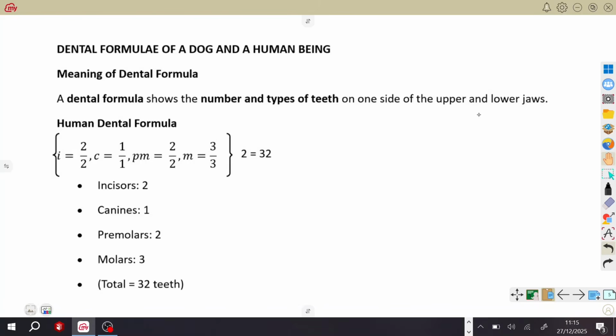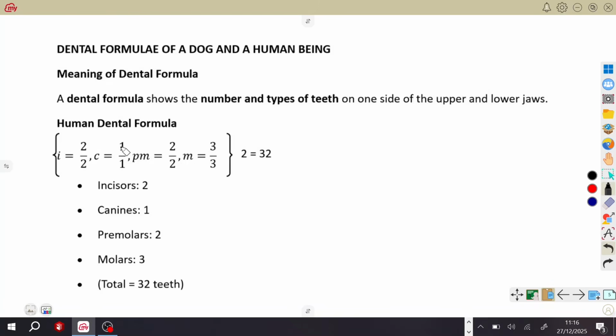Okay, so now we begin with the human dental formula. When you look at it, we have incisors, canines, premolars, and the molars. So now on half, both on top and down. Incisors are equal to 2 on top, 2 down.